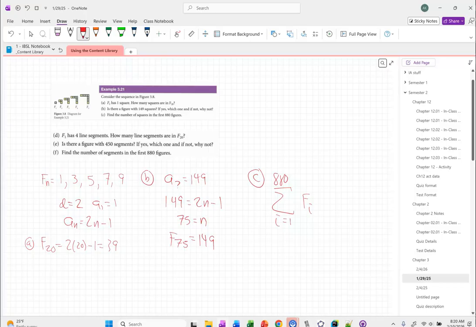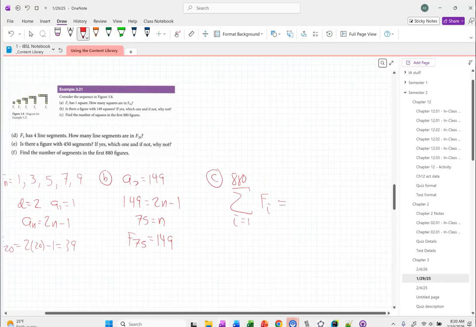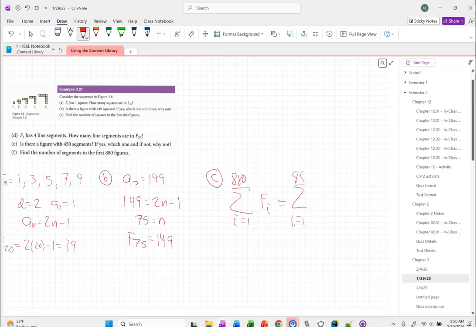And I know that I have a sequence for Fi. That's 2i minus 1. At this point, we could use the calculator, or we could use our arithmetic series formula. Either is appropriate. Let's use the calculator just to see that one more time.